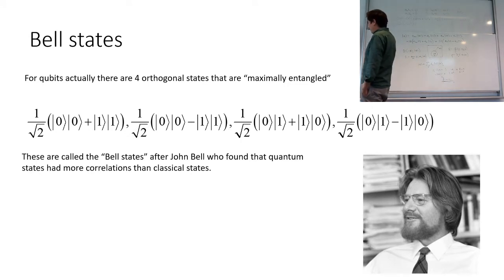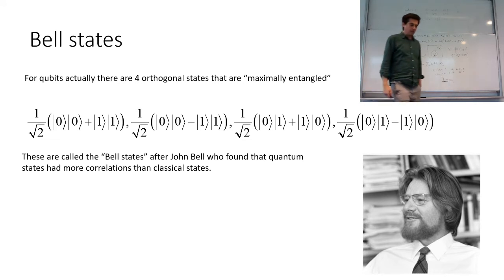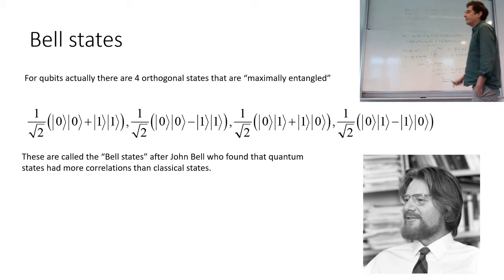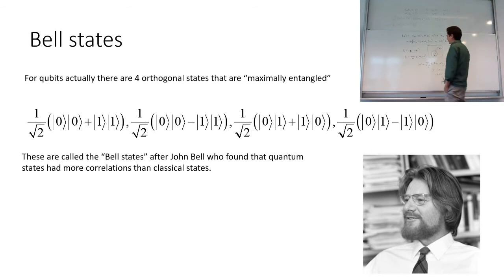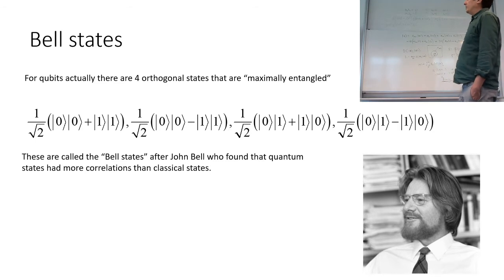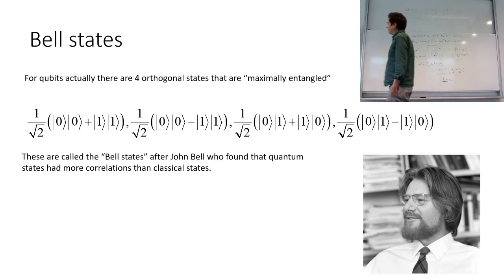Okay, so you may have to just believe me that these states are the states that have the largest amount of entanglement, and there exist various formulas for quantifying how much entanglement, putting a numerical value to it, and that's the sense in which it's maximally entangled.